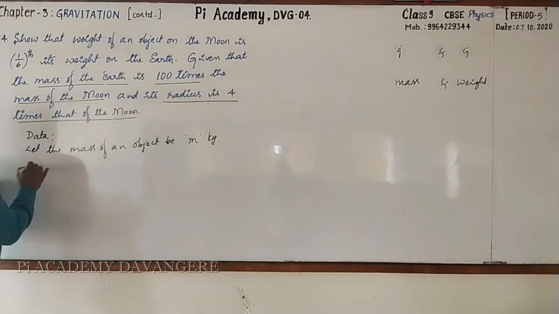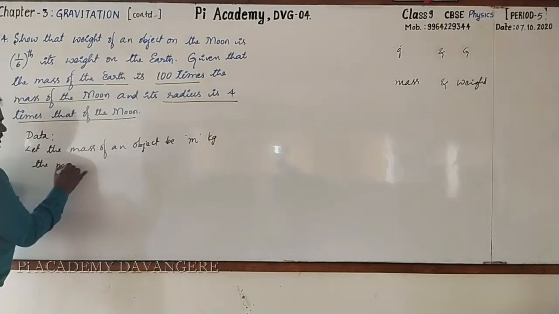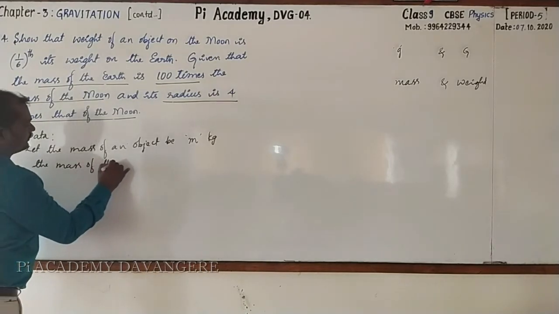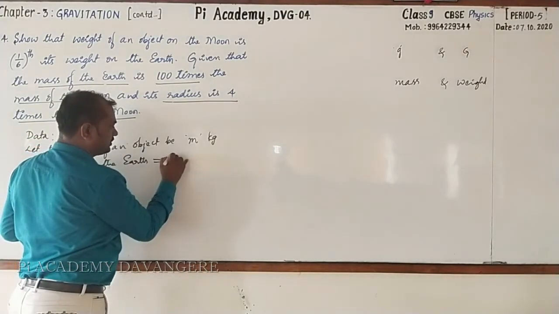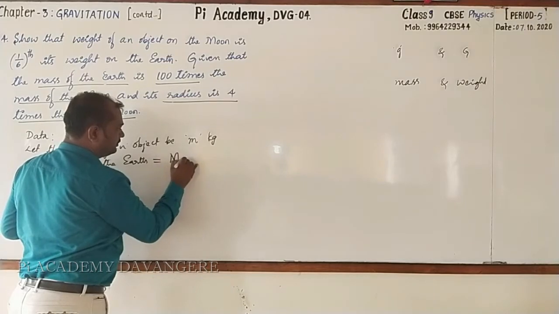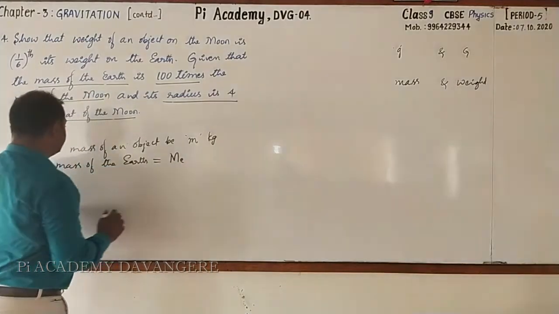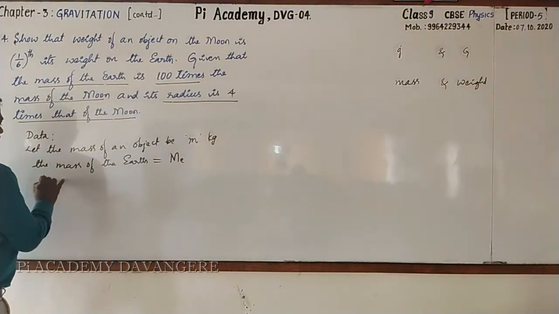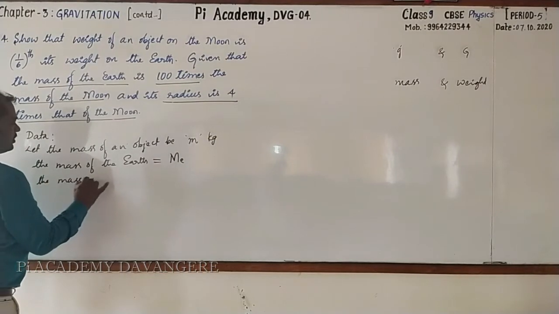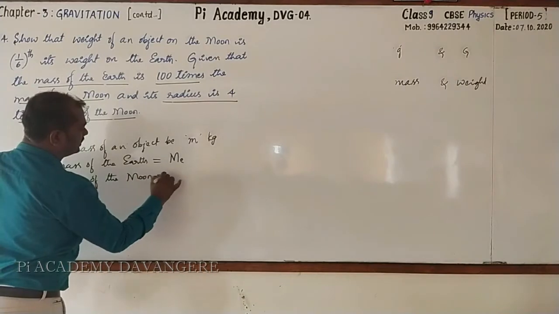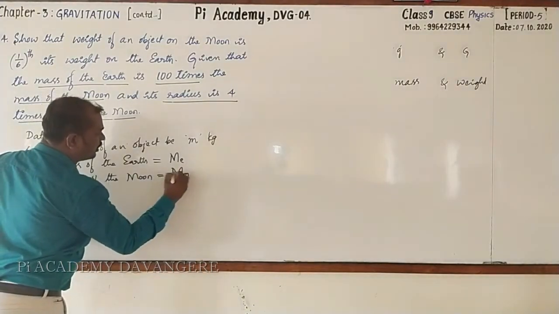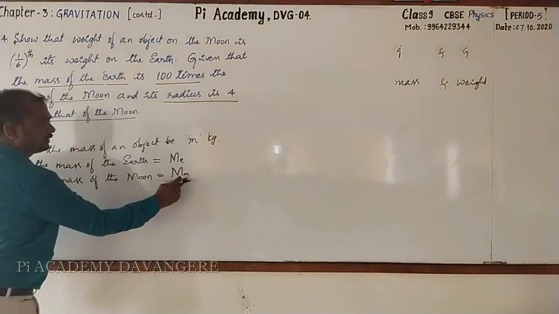So let us write the mass of the earth. Let it be ME kg. The mass of the moon, you may take that as small m, the mass of the moon.